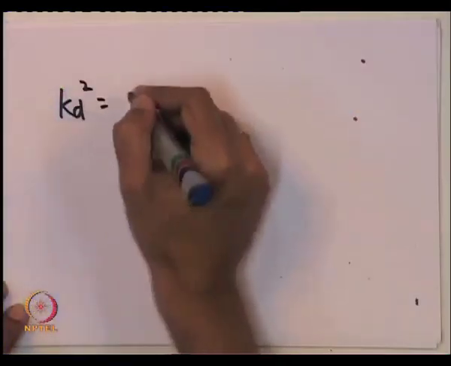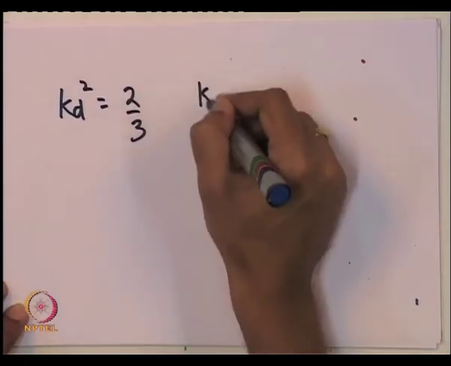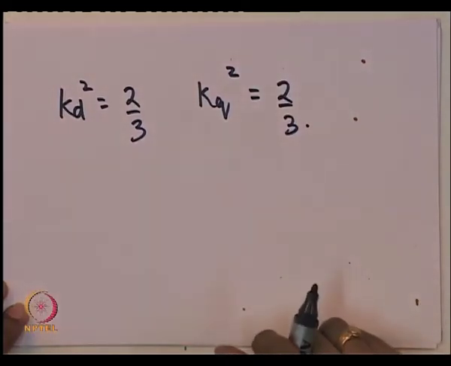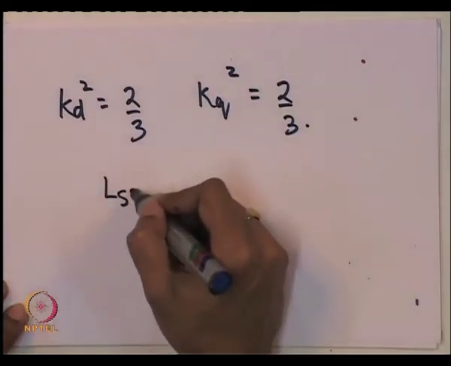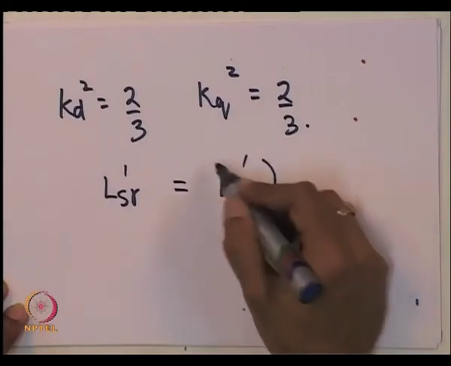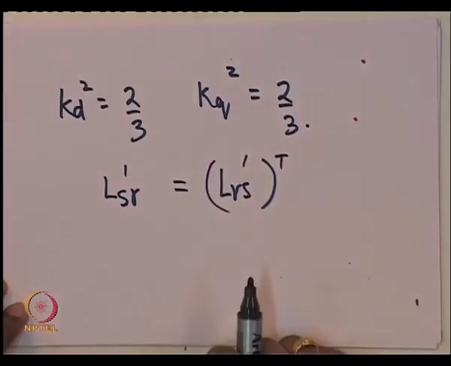Now, one thing about the choice, the last topic in this particular lecture, what about the choice of Kd and Kq? We saw of course that if we put Kd square is equal to 2 by 3 and Kq square is equal to 2 by 3, one interesting thing happens, that is LSR dash becomes equal to LRS dash transpose. Okay.